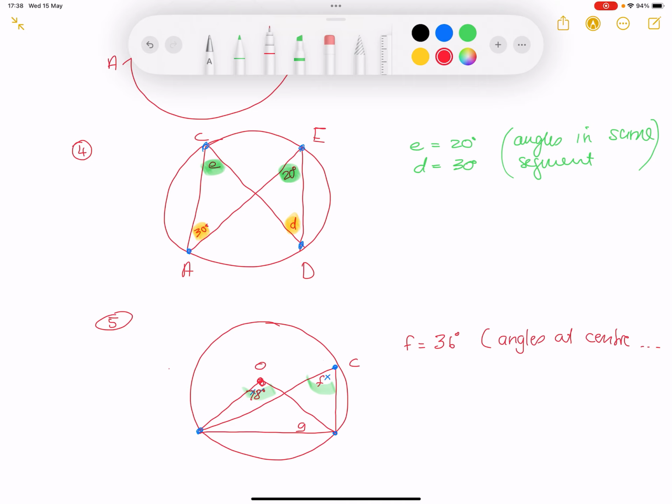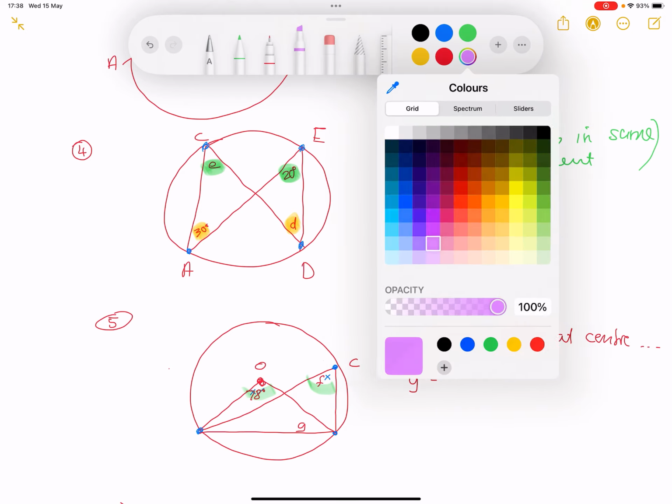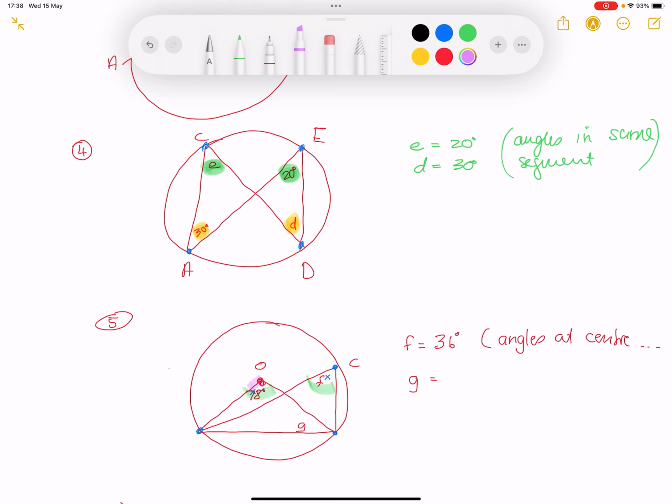But now if you look at G, it's another story. Because this is now what kind of triangle? An isosceles triangle, you see? Yes, ma'am.